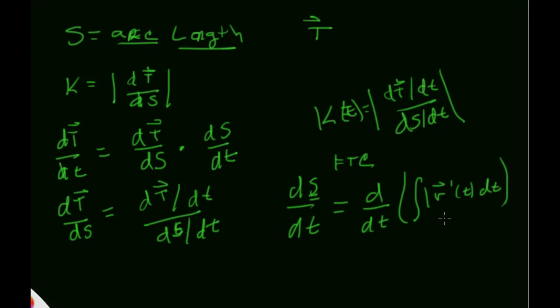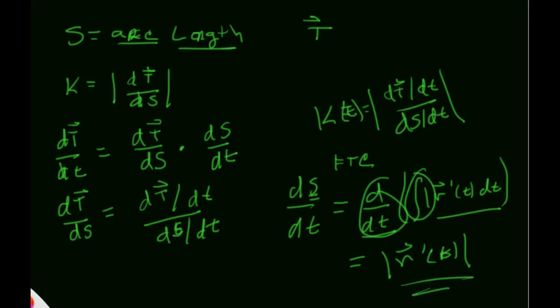So that's arc length with respect to t, which should now give me the magnitude of just r prime of t. Aha, that's kind of nice, because taking the derivative and that integral undo each other gives me that nice, neat little computation with respect to t. So we've simplified the ds/dt part of this. We've got the denominator down to that.